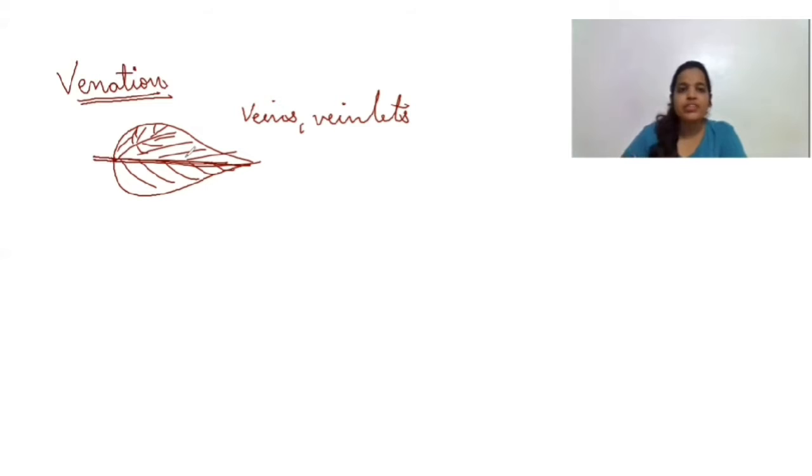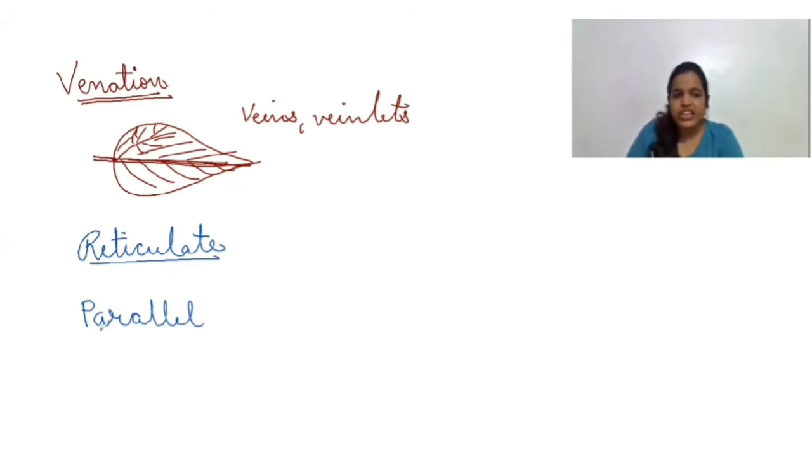Now, coming to the types of venation or types of leaves on the basis of venation, we have got two types. One is reticulate, another one is parallel.